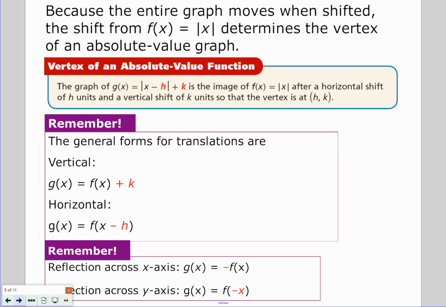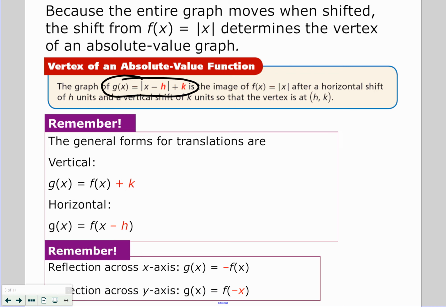If you go to the next slide, you should see this formula. This is called the vertex form for an absolute value function. Okay? The reason it's called the vertex form is because the h and the k make the ordered pair that becomes your vertex. Okay?